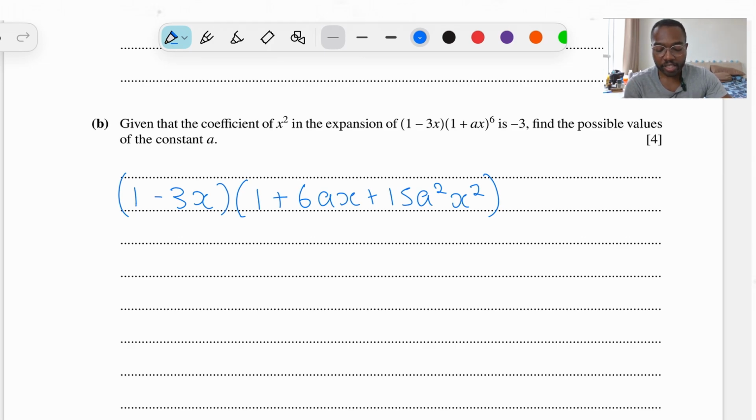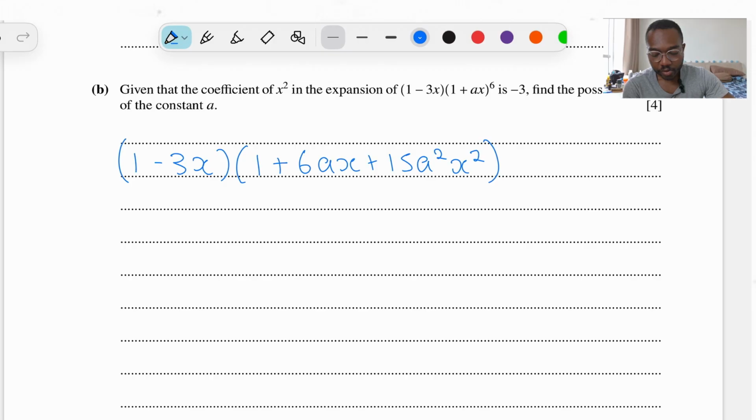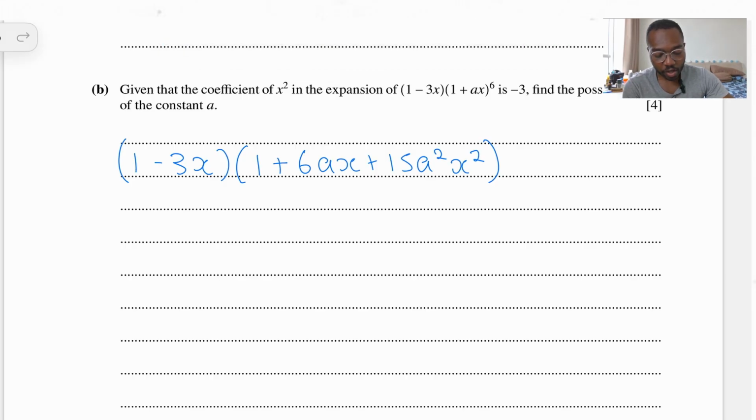If we can work that out, it will help us form an equation and work out a. Looking at what we have here, if we have this 1, we could multiply by just the 1 times 1. We can also multiply the 1 by the 6ax.